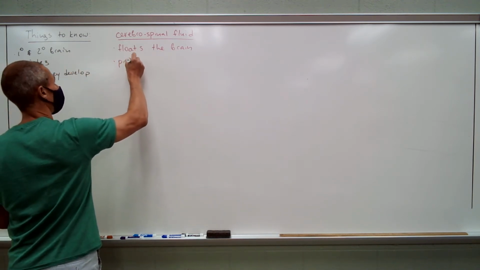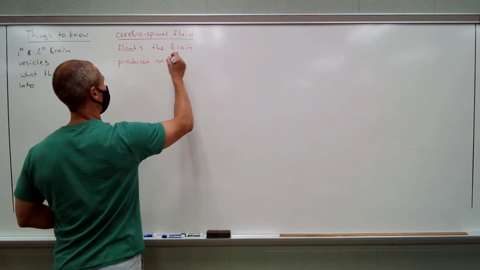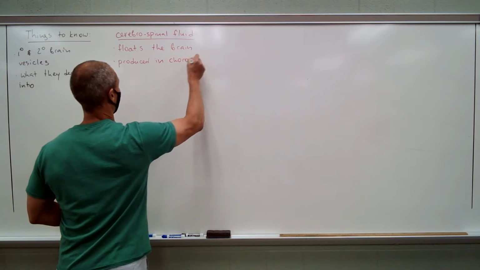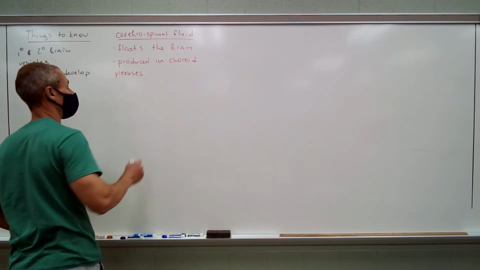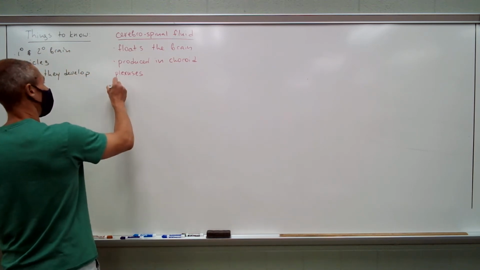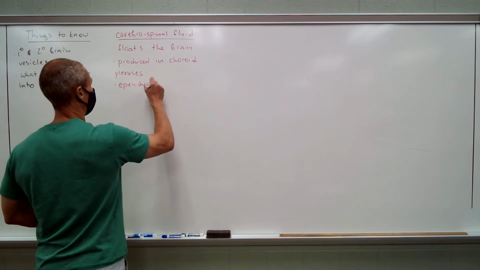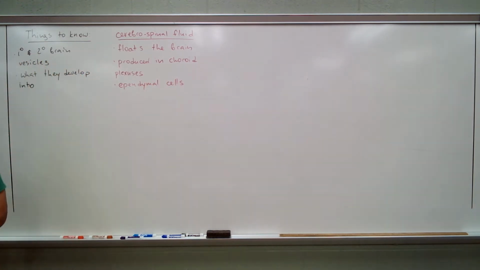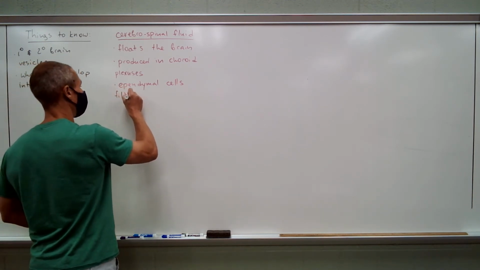It's produced in so-called choroid plexuses. How is it produced? Ependymal cells, you may remember we talked about them as one type of glial cells, filter blood.